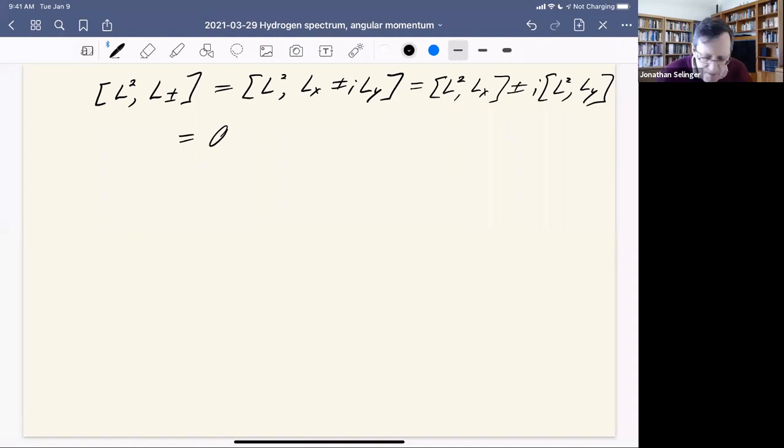Now what about the commutator with Lz? Lz commutator with L plus or minus.